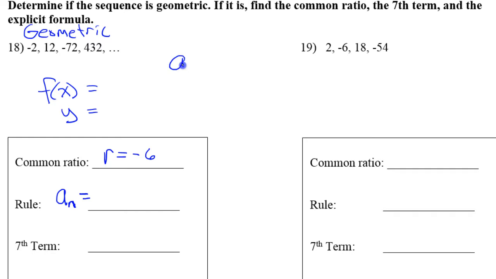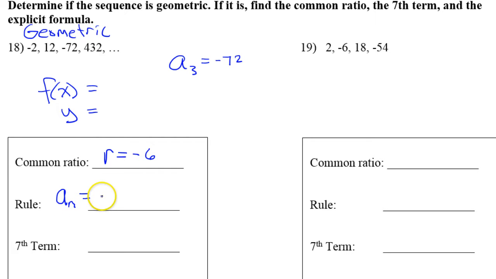Because if you write a and then a number next to it, like for example, a3, A3 represents the third term of the sequence. So for example, in this case, A3 is -72, and there are A4, A2, A1. So a_n means any term you want.